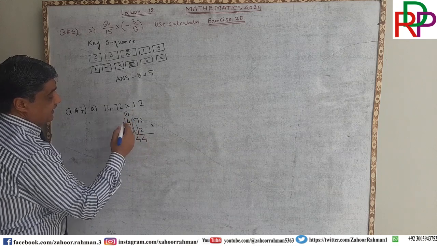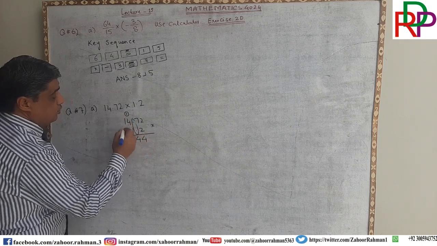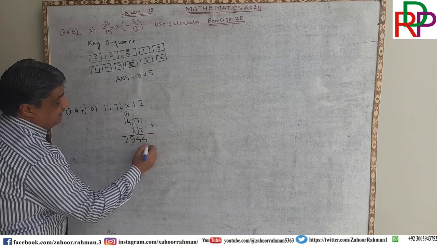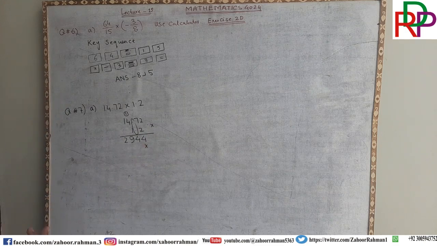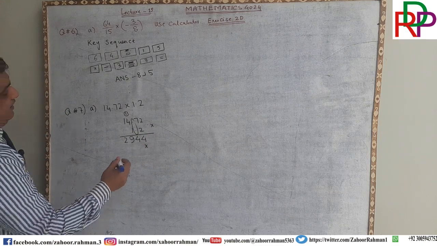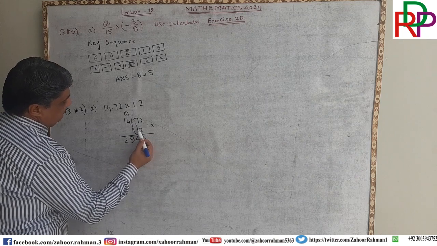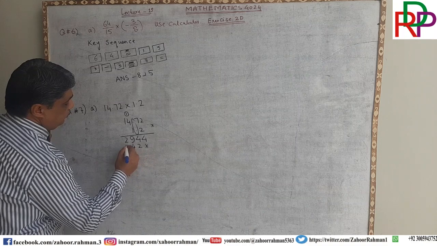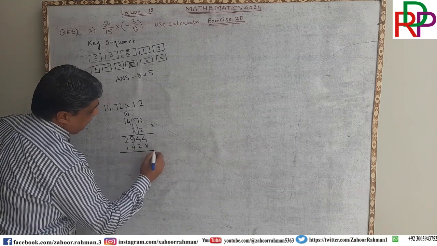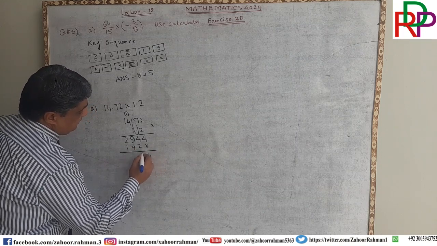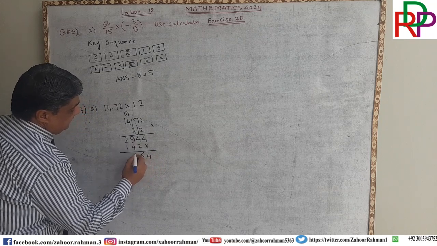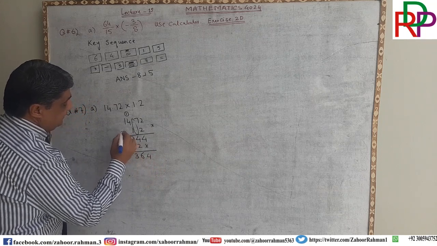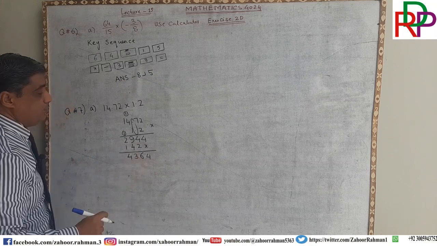So 2 4s are 8 and 9, 2 1s are 2. Here you can put the cross symbol or 0, because you did one multiplication. Now 1 2s are 2, 1 4s are 4, 1 1s are 1. Add it. 4, 6 and 13. 1 is carried here, so it will be 4.